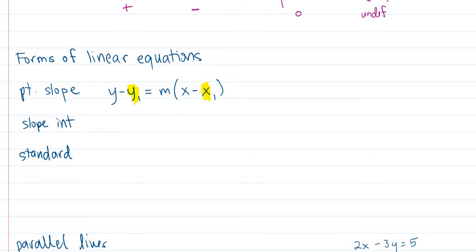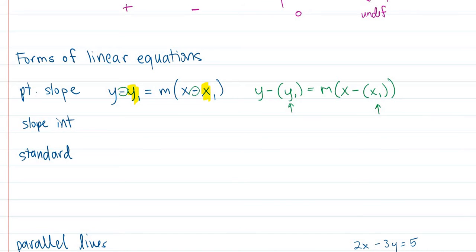Be careful here, the negative sign is pretty important. Technically this looks like y minus y1 equals m times (x minus x1). That's important because if you have a negative coordinate for y or x, it's going to change the overall sign of the equation.